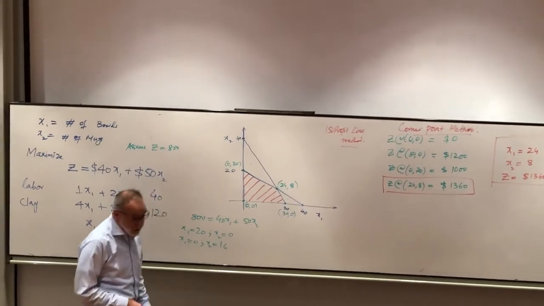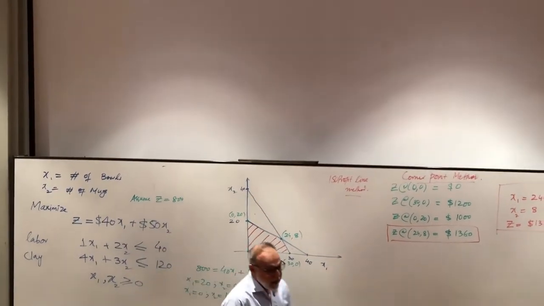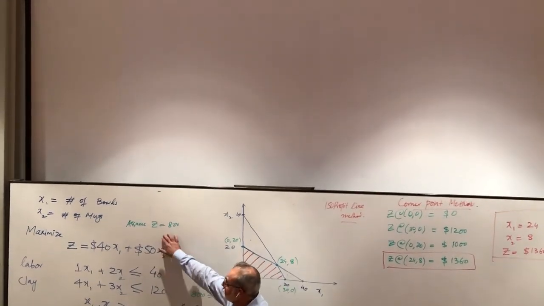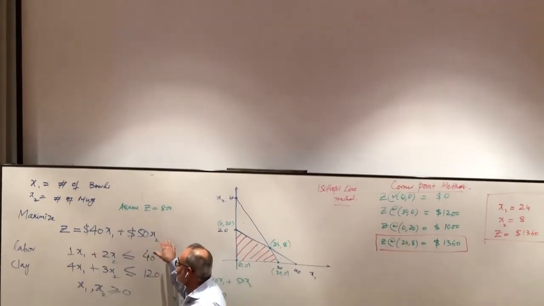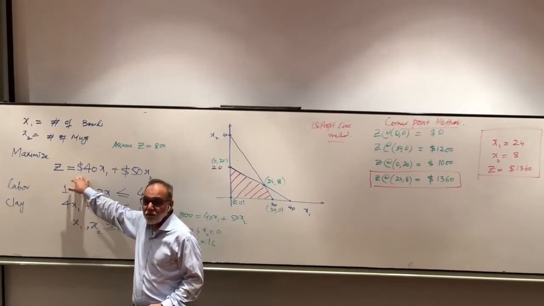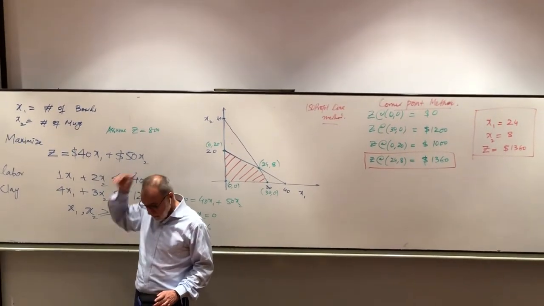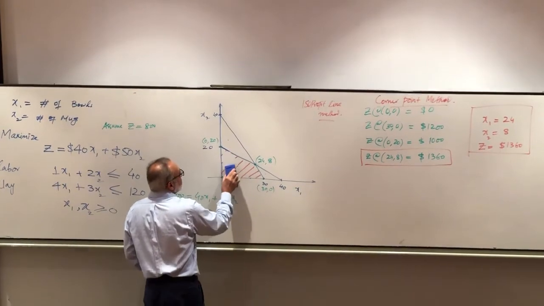So what we do is, we select some number here such that we can draw this profit function within the feasible region. So this is our feasible region.